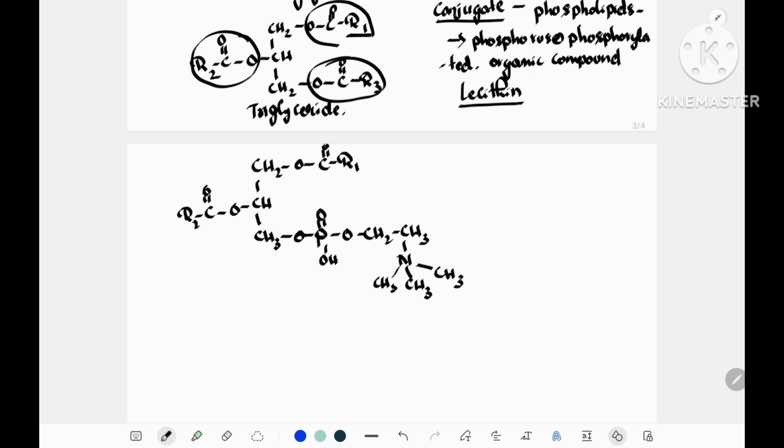So here is a phospholipid because it contains a phosphate group in it. So that's about the explanation of fatty acids and lipids given.